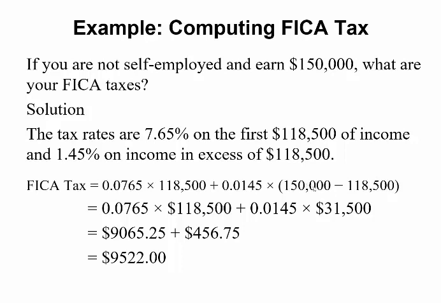So 150,000 minus 118,500 ends up being 31,500. So you multiply as shown here on the slides. This times this gets you this amount. This times this gets you this amount. So this person who made $150,000 has to pay $9,522 in this FICA tax. Now this is on top of the federal income tax they have to pay as well.